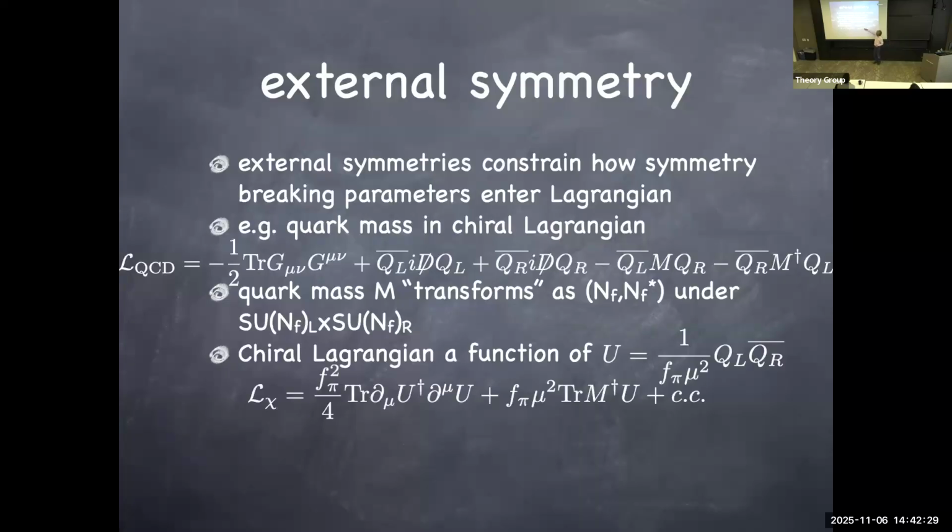The low energy theory is assumed to depend on this chiral field U, which transforms under SU(N_F) × SU(N_F). But because we are pretending M also transforms under SU(N_F) × SU(N_F), you can write an invariant under it. So that's how you determine how quark mass would enter the chiral Lagrangian.